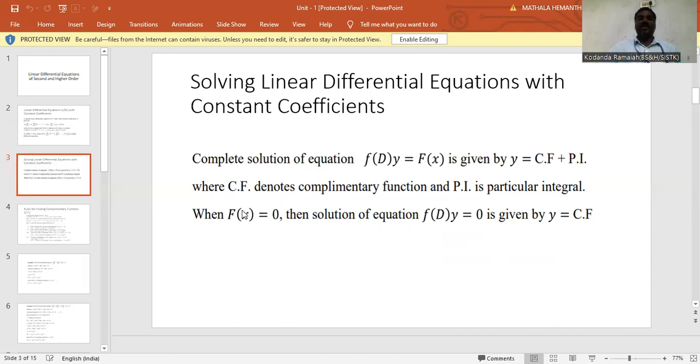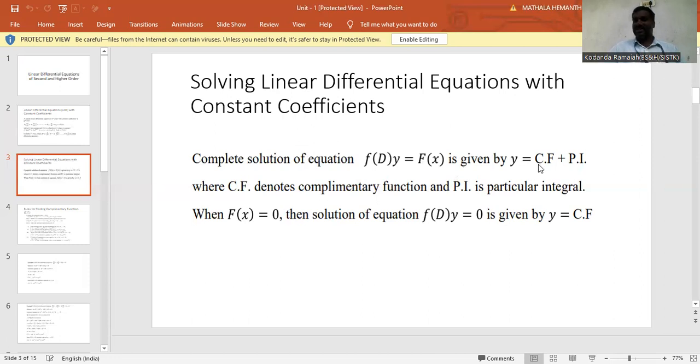In case f(x) equals 0, that means the RHS term equals 0, then the solution of the equation F(D) y equals 0 is given by y equals the complementary function only. Here the complementary function depends upon the LHS of the given differential equation.